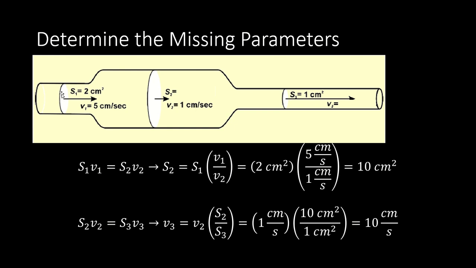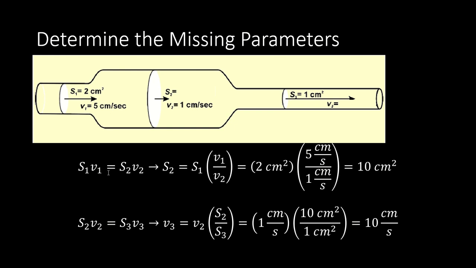Let's say initially we're at some point in our vascular system where the surface area of the vessels is 2 square centimeters and the fluid velocity is 5 centimeters per second. What if you're asked, what is the surface area for the next boundary if the fluid velocity flowing through it is 1 centimeter per second?